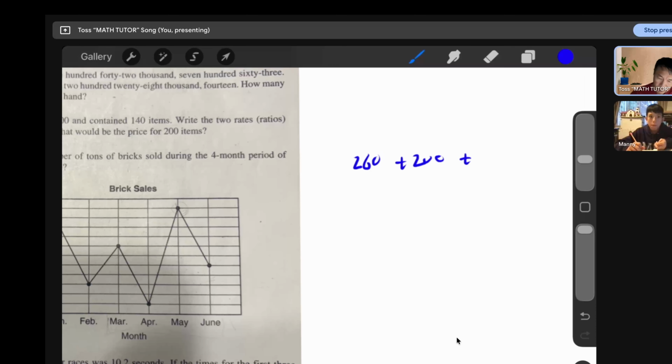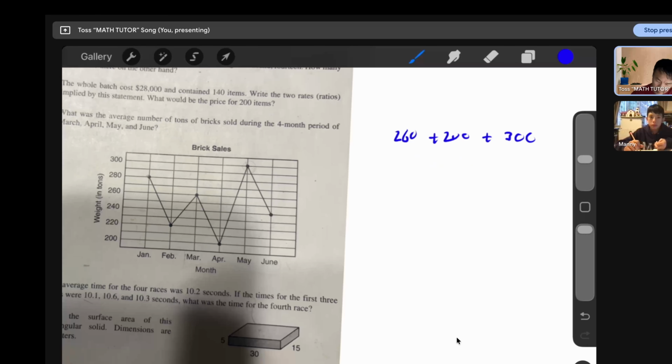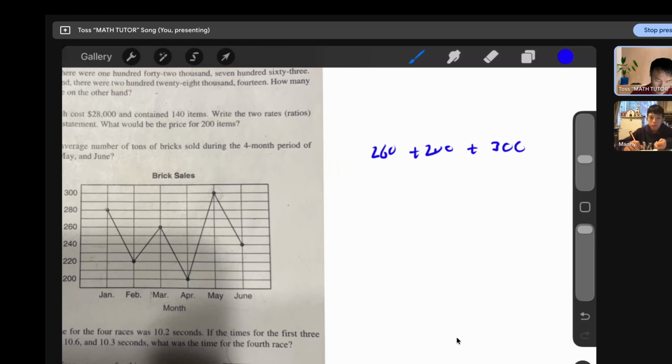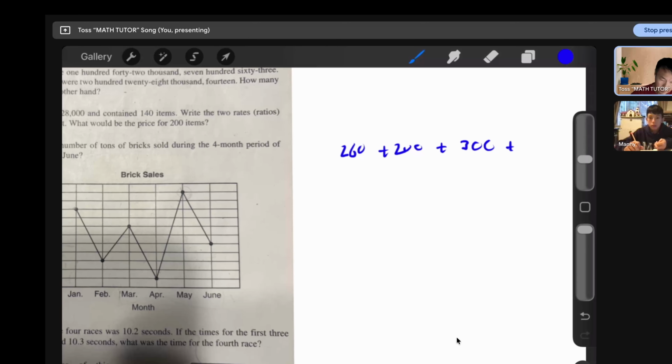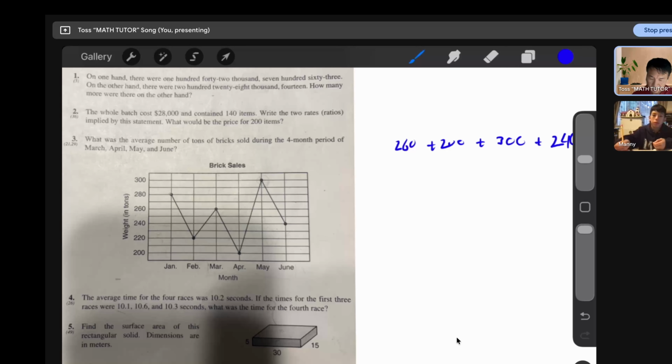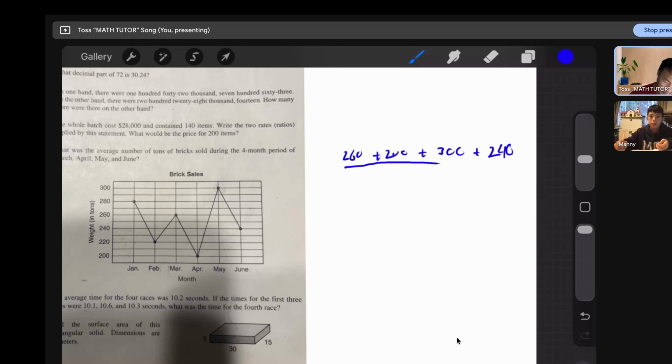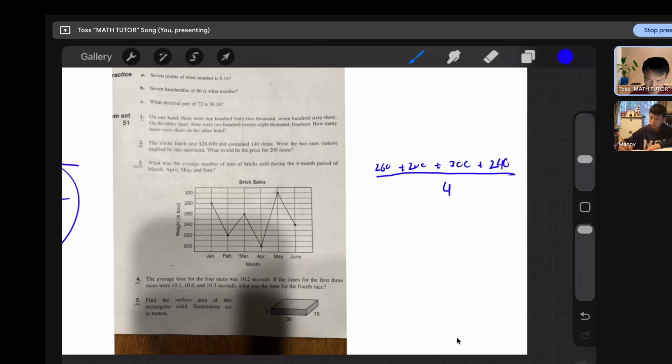So we're going to do it the way that we've been doing, right? Okay, good. What are we going to divide it by? 4. Right, good. I'll let you do that.